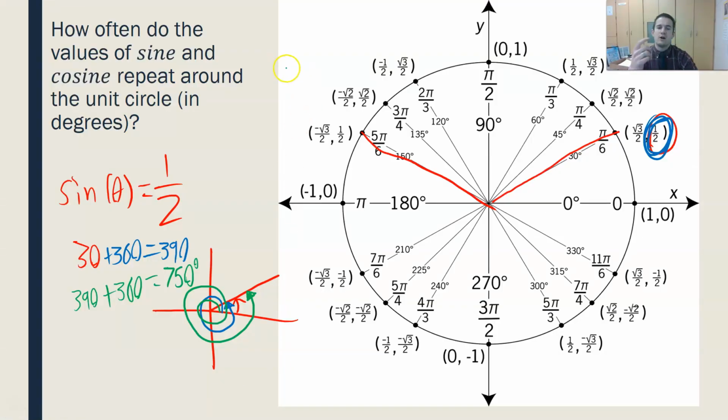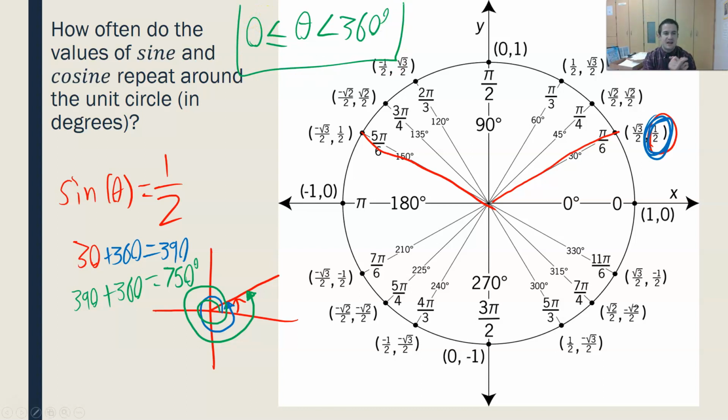In our previous lessons, I gave you a boundary. I said, between 0 and 360 degrees, what are the possible angles that will give me these sine values, cosine values, or tangent values? On my circle, a sine value of 1/2 gave me two angles, 30 degrees and 150 degrees.